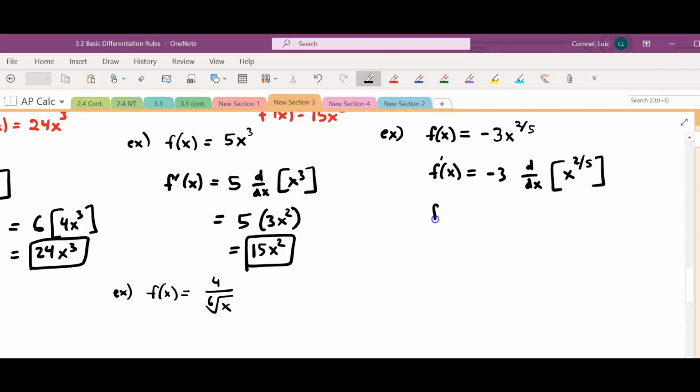So f prime of x, if you do the derivative of that power, you're going to get 2/5. The power goes to the front. You're going to subtract 1 from 2/5. So if you subtract 1 from 2/5, you're really subtracting 5/5.